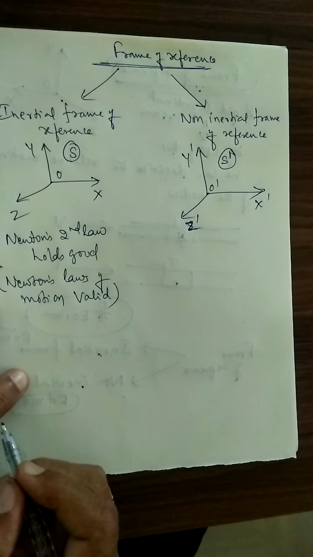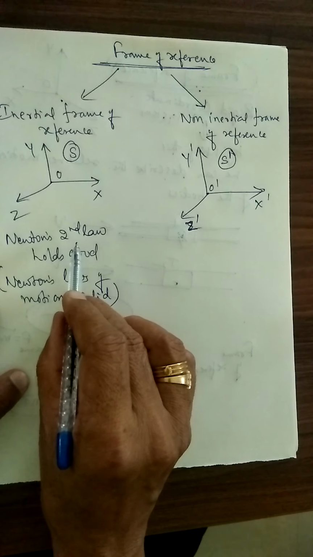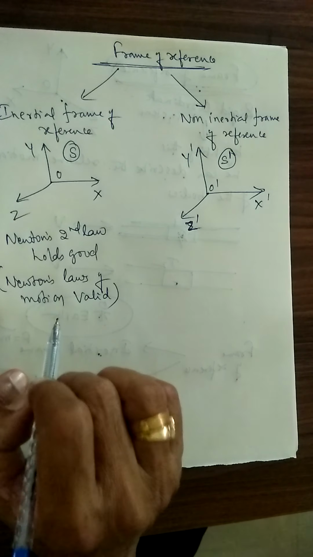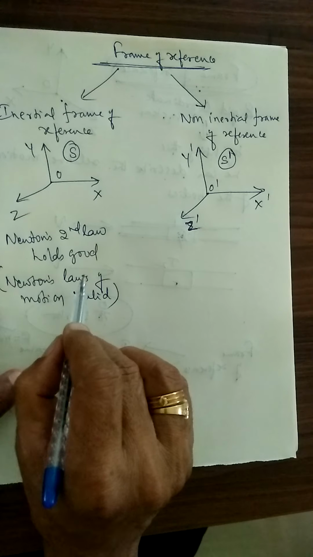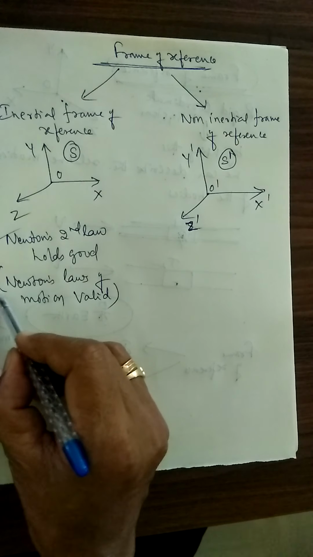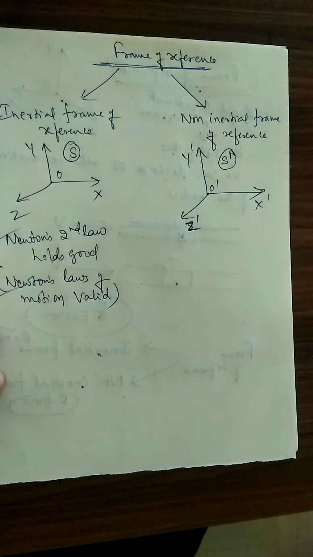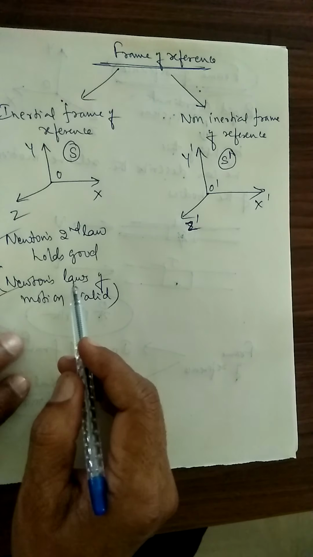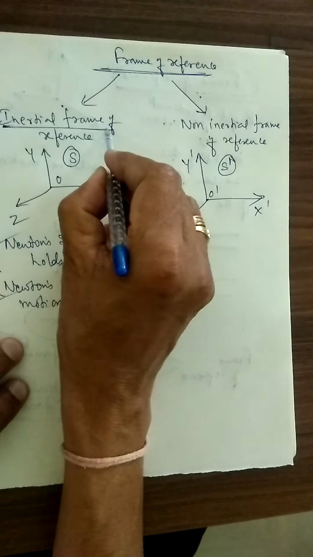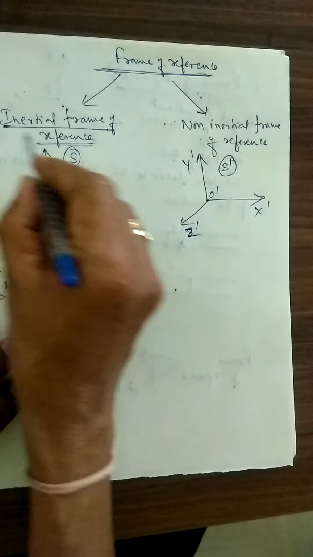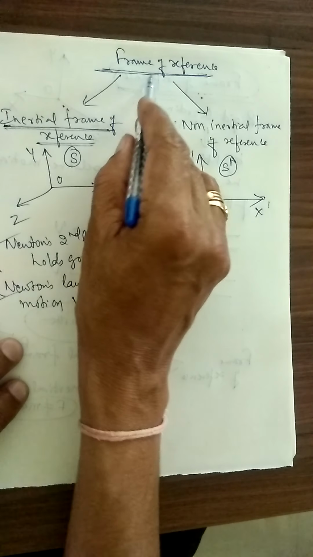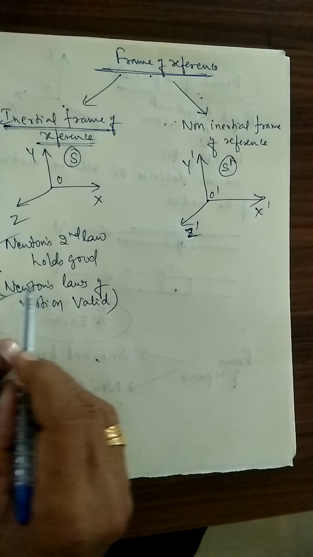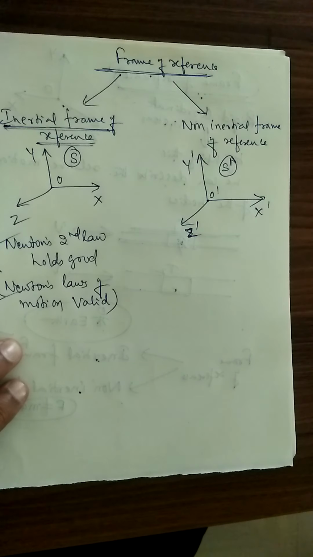Either you write like this or like this, you will get 1 mark. Such a frame of reference is called an inertial frame of reference. An inertial frame of reference is a frame of reference in which Newton's laws of motion hold good.